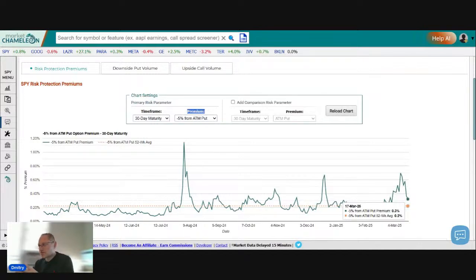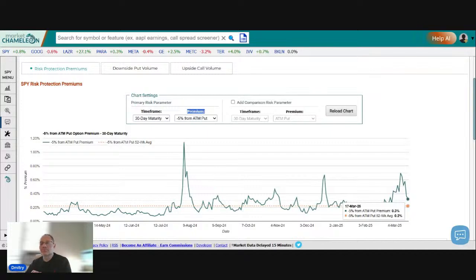Which makes sense, because think of it like an insurance policy. If you get insurance on your car, the higher your deductible, the lower your premium, because you're willing to take the risk. Let's say you have a $500 deductible, your insurance is one price, but if you take a $1,500 deductible, your insurance will be less because you're willing to take a bigger risk.